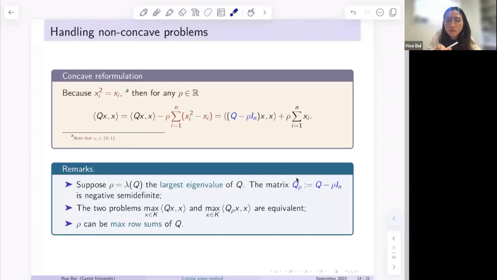So when you take rho as the largest eigenvalue, after you change the diagonal, the largest eigenvalue will be 0. So we have a negative semi-definite matrix.